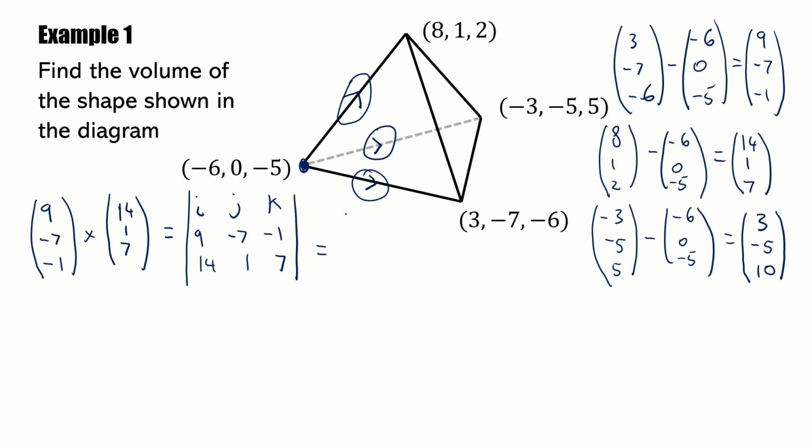So there we go. So if we do that, we'll have minus 49 minus 1. And then we will have minus 1 lots of 63 minus 14. And then lastly, we will have 9 minus 7 times 14, which is minus 98.